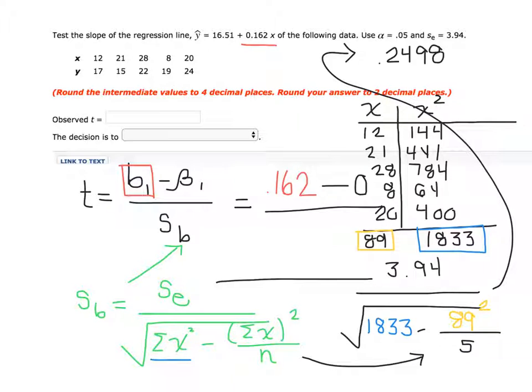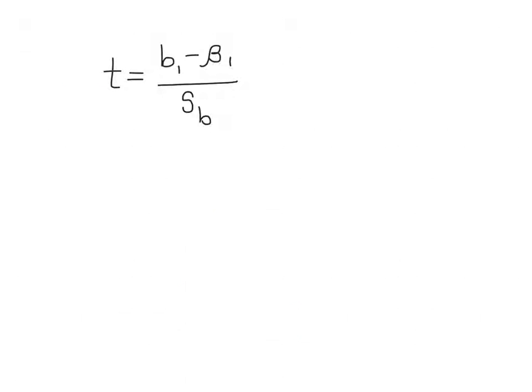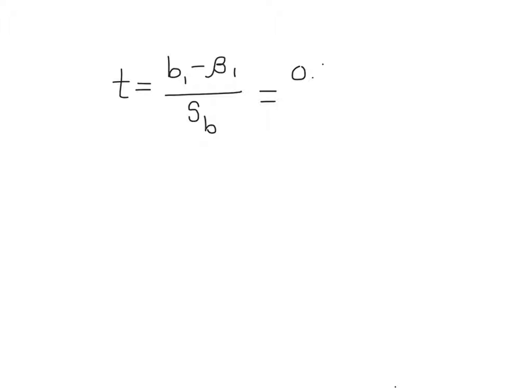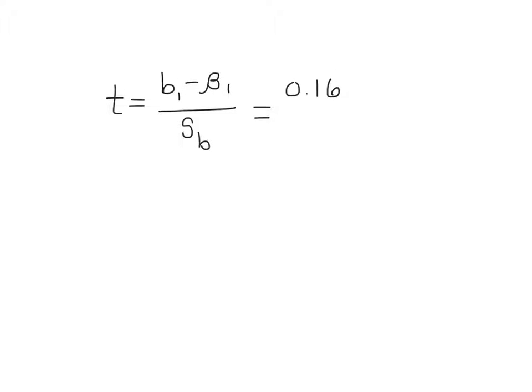Now, to find our t-test statistic, we have to use the following formula. So we need to take our b sub 1, which is the sample slope, and we can see from the equation given to us in the problem, our slope is the number in front of the x, which is our 0.162, minus the claimed slope, that's our beta sub 1, and in a hypothesis test for slope, we typically claim that the population slope is 0.